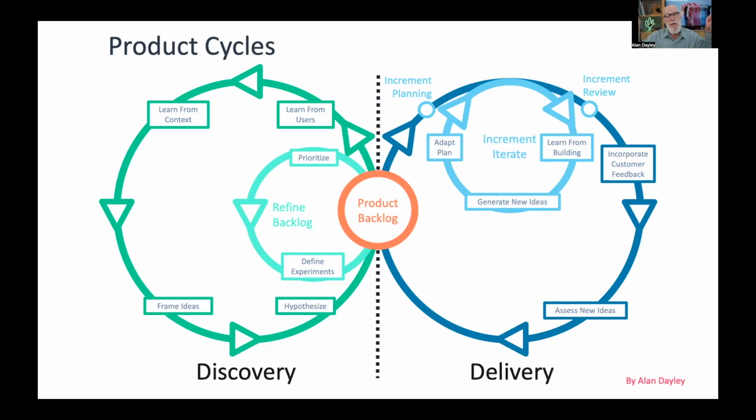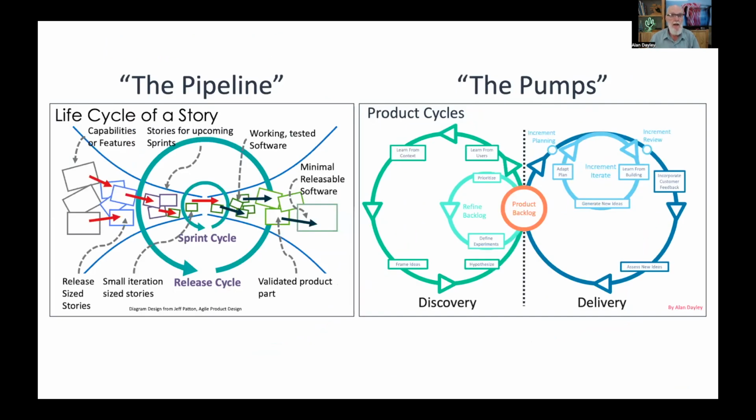So these two main big cycles of discovery and delivery are feeding the product backlog to give us ideas and help us refine that pipeline and keep the pipeline full. If we look at these side by side, we have the pipeline of large ideas coming in to be refined before they finally get built. And now we're in the delivery cycle. That delivery pump is going to help us get to final working software and keep that pipeline flowing.